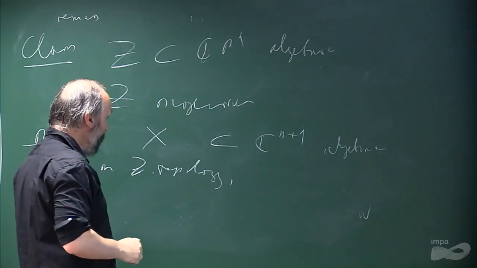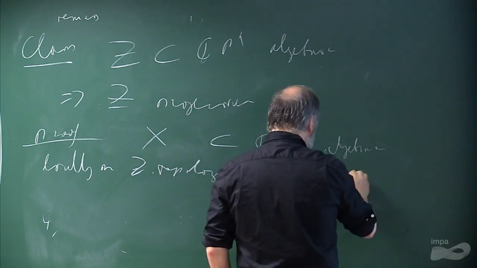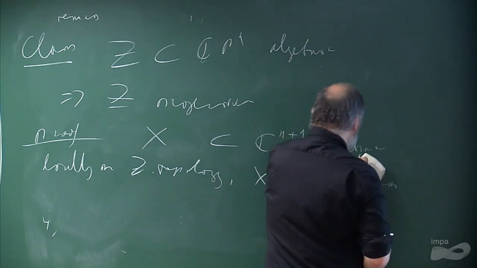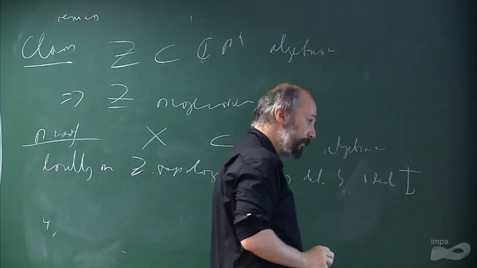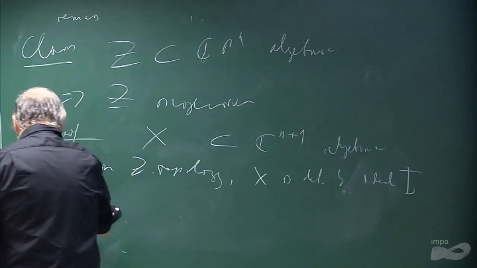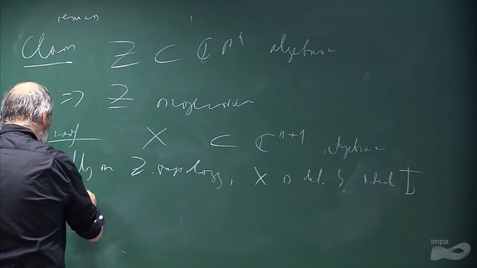So locally in Zariski topology, X is defined by equations, by an ideal, say I. And then we take a cover by affine subsets, U_i, the corresponding cover.